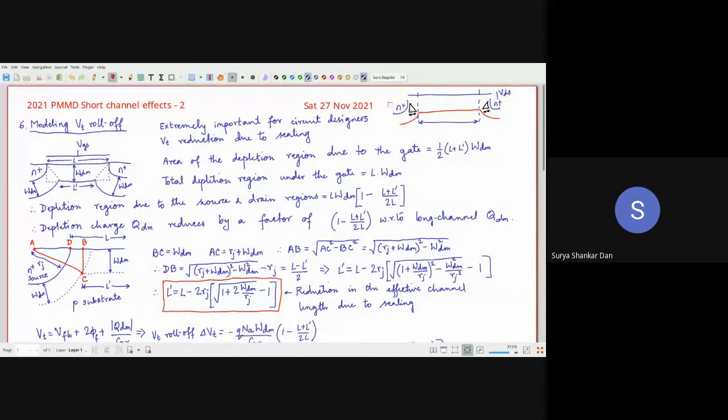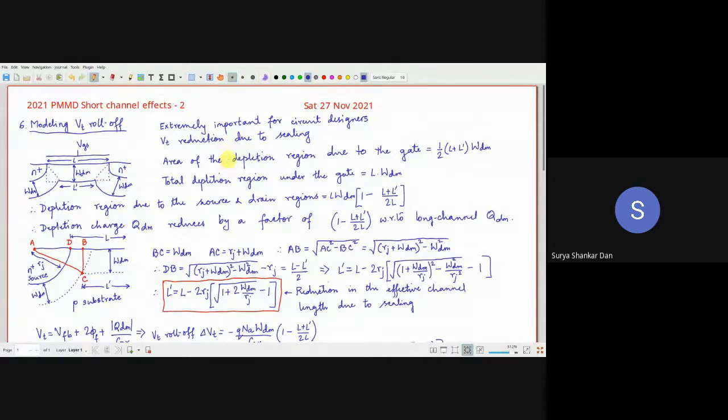But in a short channel device, the charges left in these two triangles become important, because these triangle regions are due to depletion from the Vs and Vd voltages, not due to Vg. In a short channel device, this becomes more and more important.